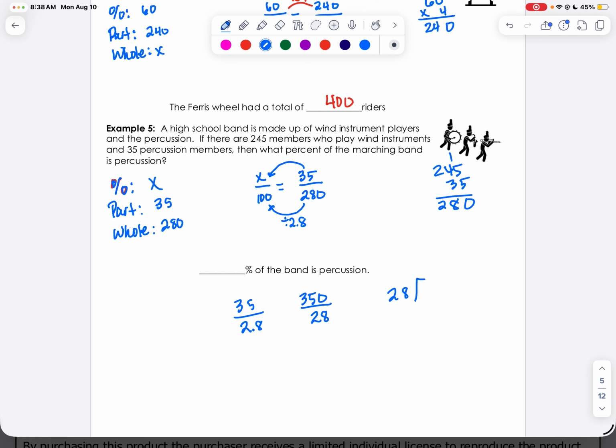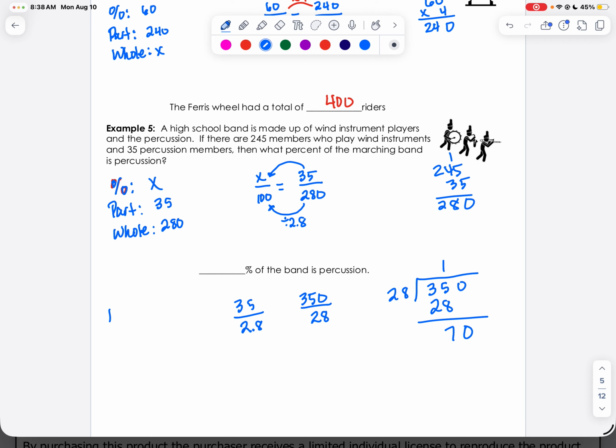Then we will see how many times 28 will go into 350. So 28 goes into 35 one time. Let's see, 35 minus 28 would be a remainder of 7. Bring down the 0. 28 goes into 70.